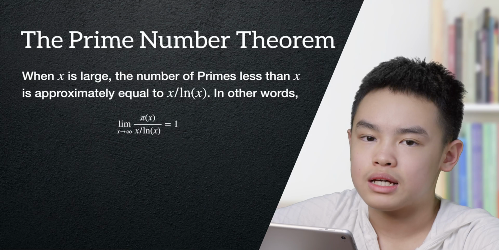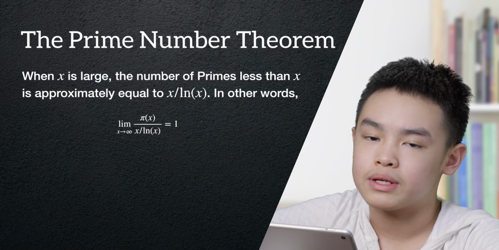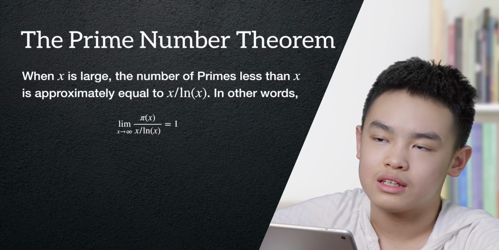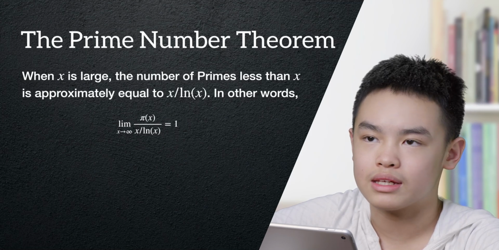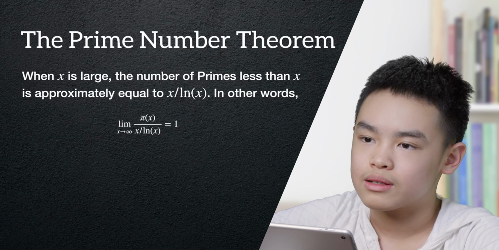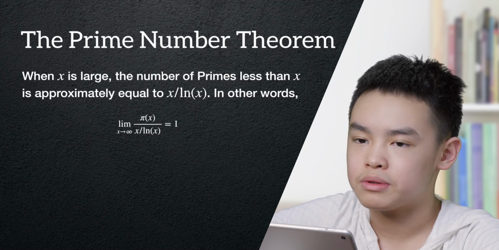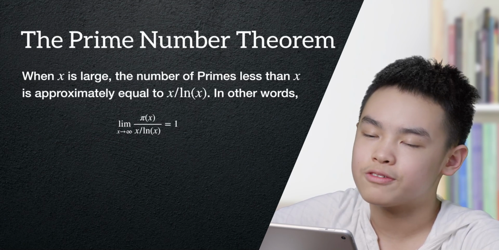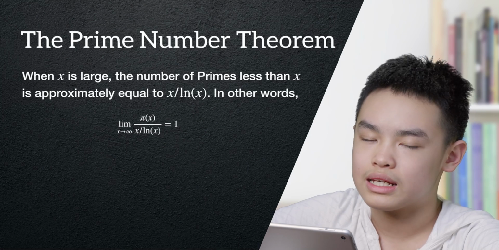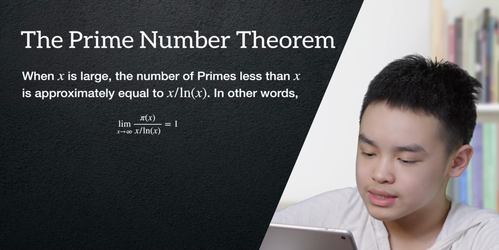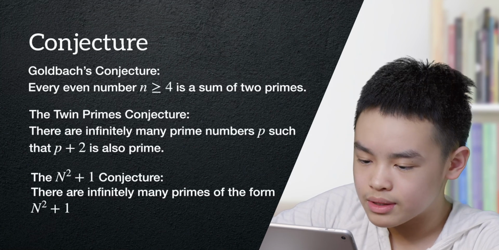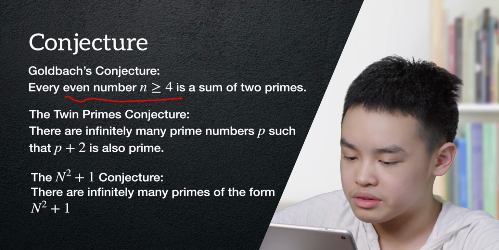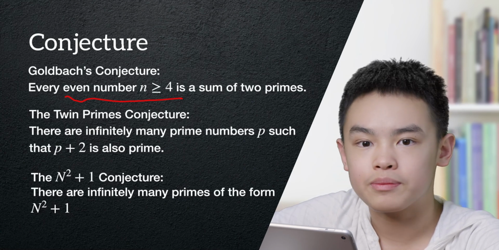Now, primes are a very interesting topic in number theory, and there had been a lot of debate and theorem making around primes. Many of these theorems had been proved, but quite a few of them are still standing there, unproved. So, for example, the Goldbach conjecture: every even number n greater or equal to 4 is a sum of two primes.